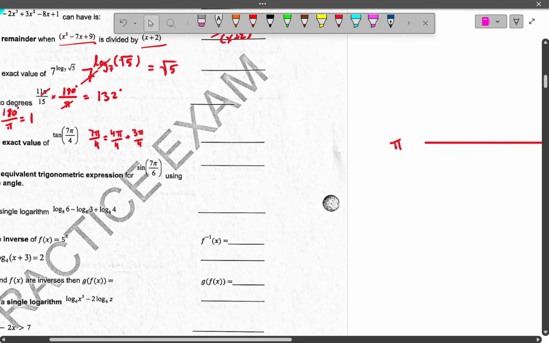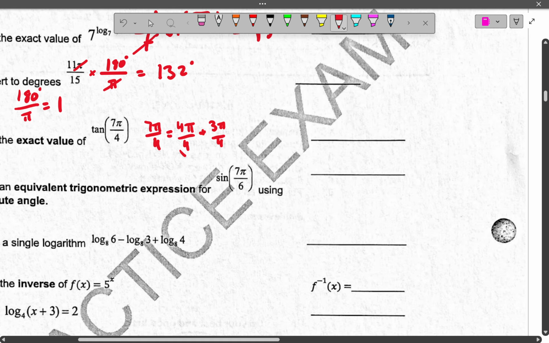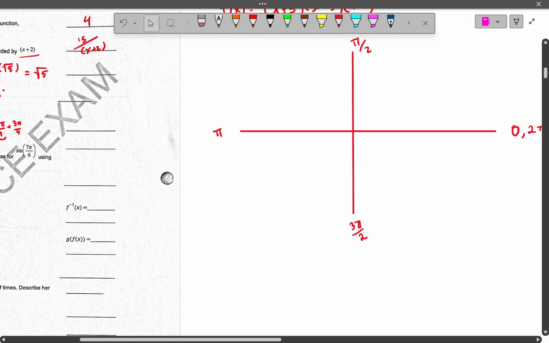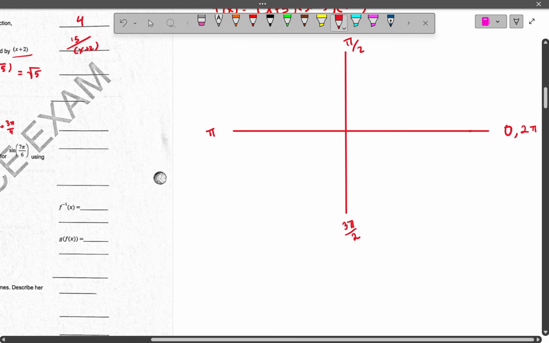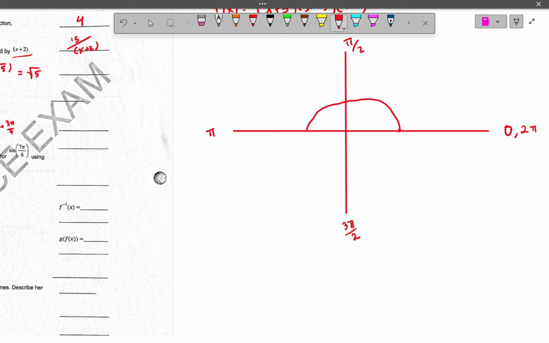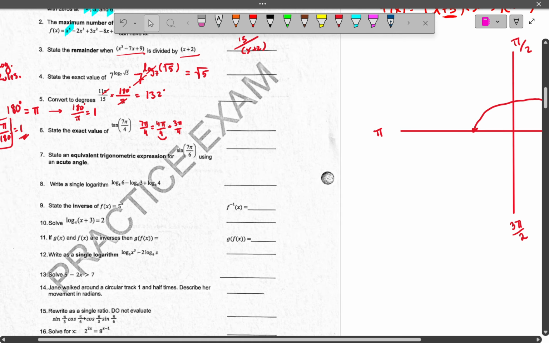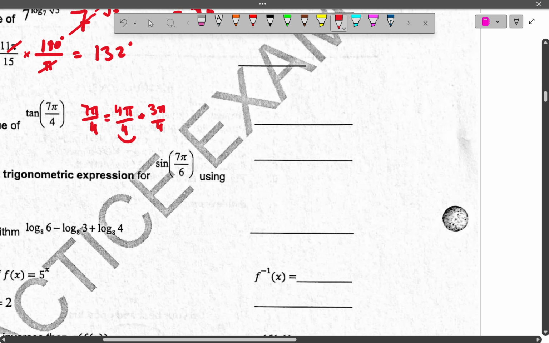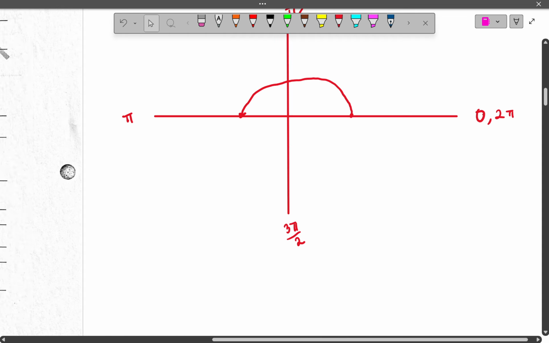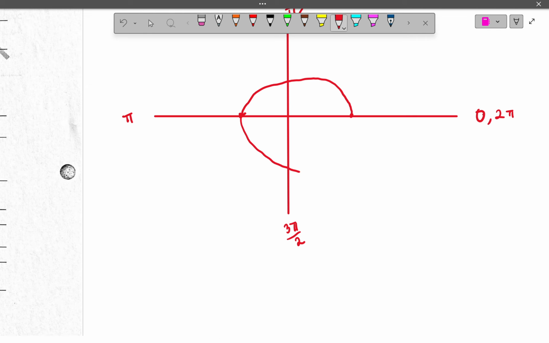We can imagine again, this first part here, 4 pi over 4, that's just pi. So we're starting at 0, and you're going to rotate through this angle, so we get to pi. That's 4 pi over 4, and then we have to continue another 3/4 of pi. And pi is again half of this rotation, so I need to go 3/4 more. And so I'll end up somewhere here.